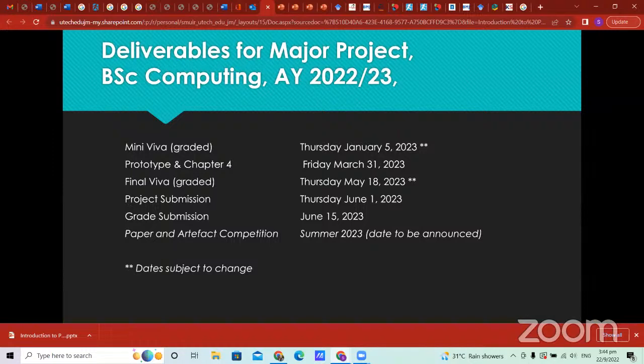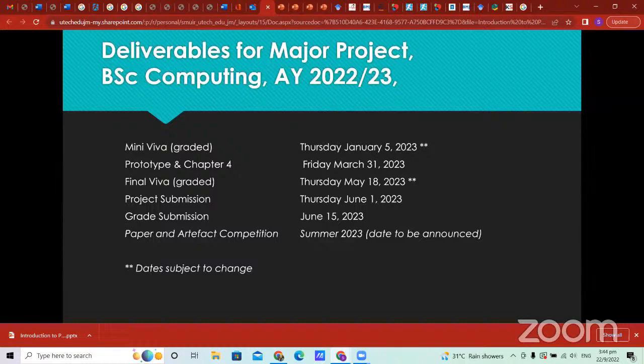But somewhere between March 31st and the final Viva, you would have a full final draft of chapters 1 to 5. Chapter 1 being introduction, chapter 2 literature review, chapter 3 methods and procedures, chapter 4 analysis and findings. People have different terms for these chapters. Chapter 5, I like to call conclusion and recommendations.